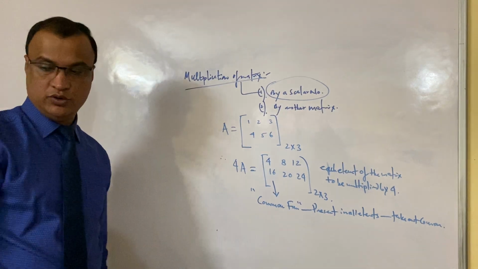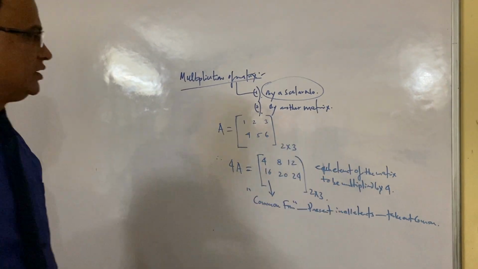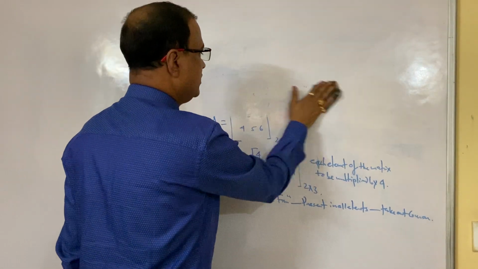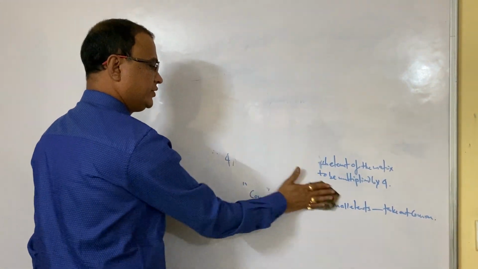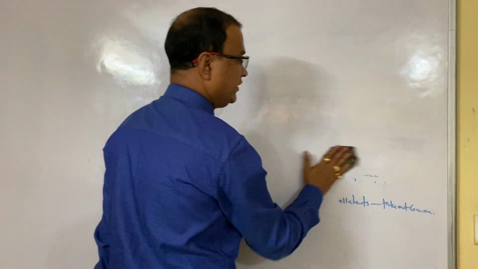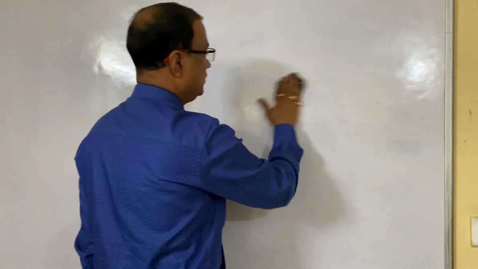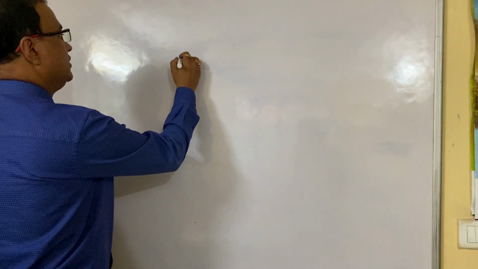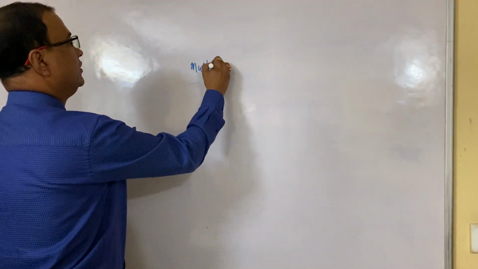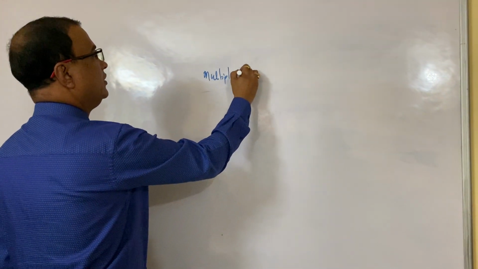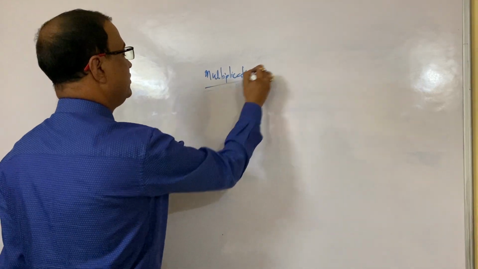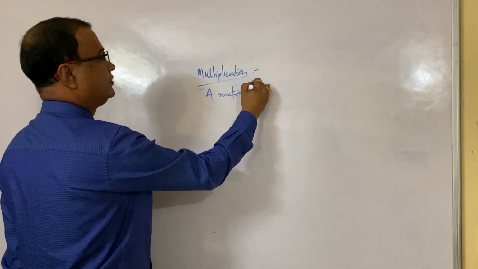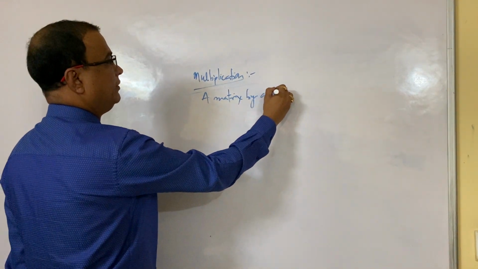Now the next is we want to multiply a matrix by another matrix. The topic is again multiplication, but now multiplication of a matrix by another matrix.